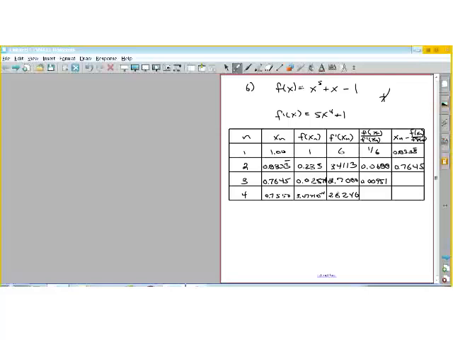Take 3.07e to the minus 4 divided by 2.6246, and I get 1.3221 times 10 to the minus 4.